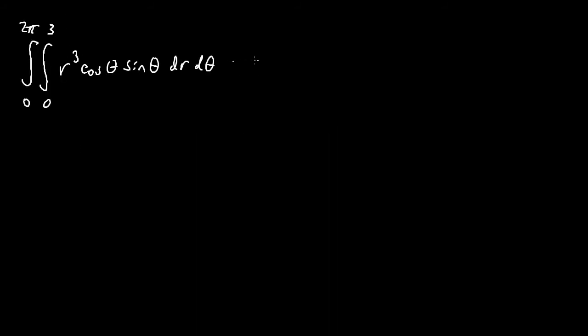So if I go ahead and rewrite the inside integral first, we have the integral from 0 to 3 of r cubed cosine theta times sine of theta dr. And so we're going to integrate with respect to r. So cosine theta and sine theta are just constants.